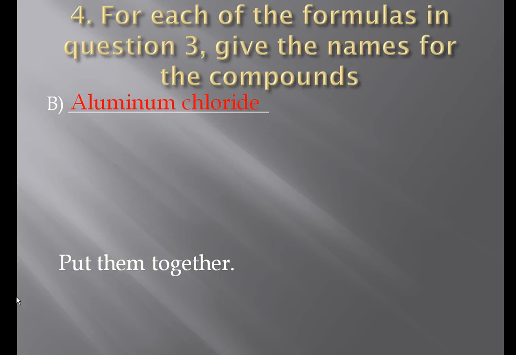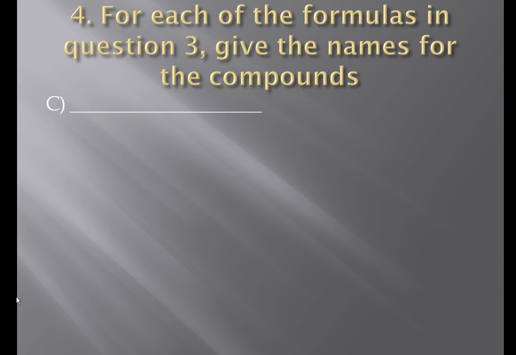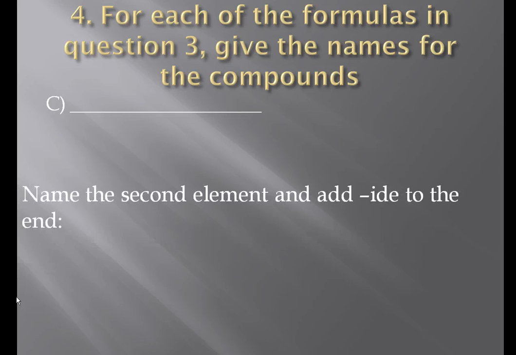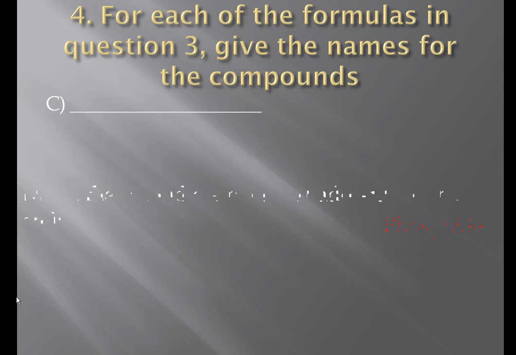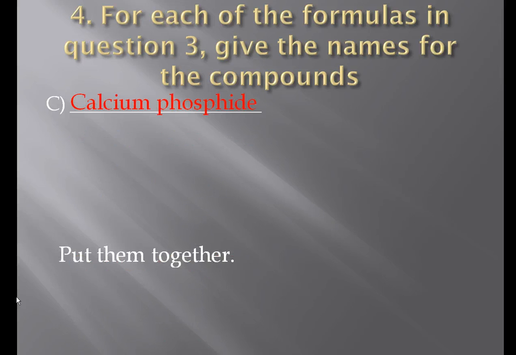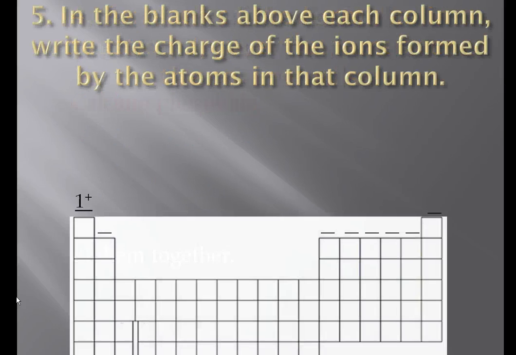Then we put them together to get aluminum chloride. Now we're going to look at the next one. Name the first element, calcium. Second element, with the "-ide" ending, phosphide. And put them together to get calcium phosphide.